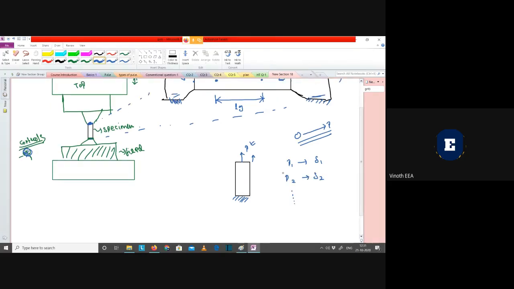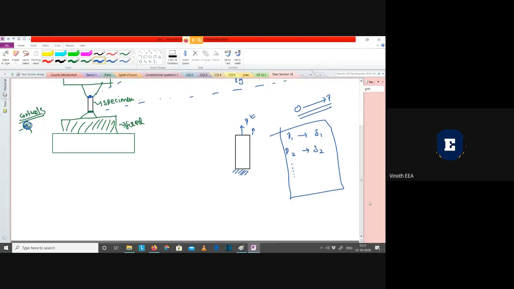Similarly, I can plot this in a graph. Each and every time I'm applying a load, I will be getting some deflection, and I can plot that graph between load and deflection.